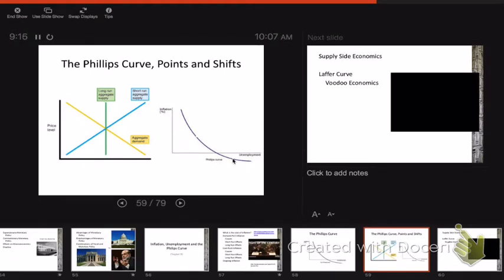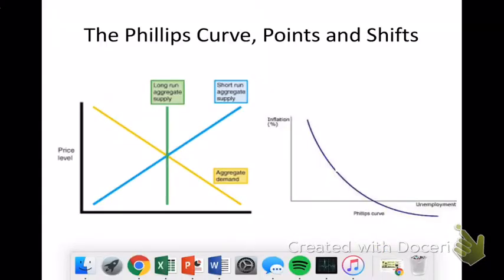So we've got both graphs side by side here. Remember that in long-run equilibrium, in order to show that on the graph on the right, you're going to have to draw in your long-run Phillips curve.